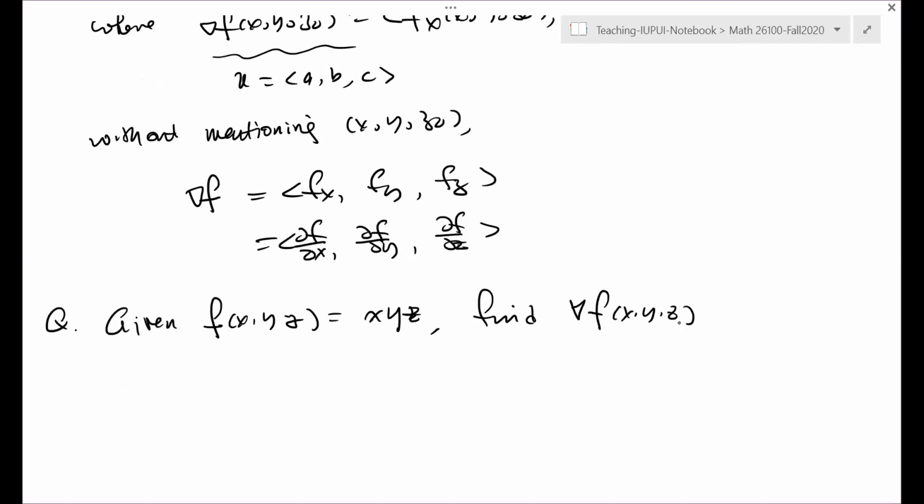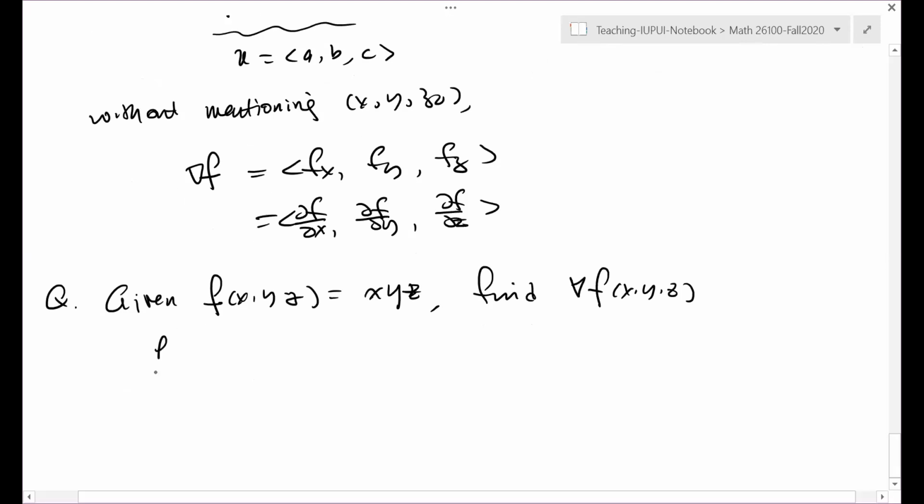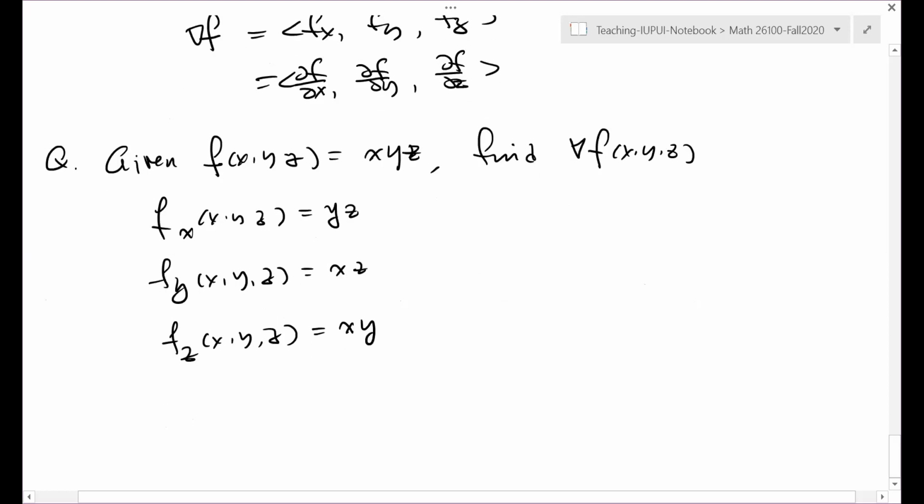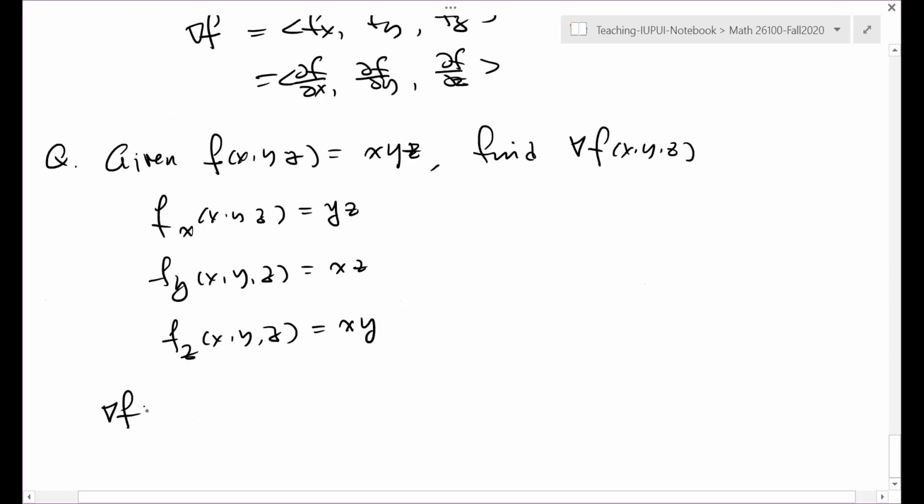All you have to do is find the partial derivatives. When you differentiate with respect to x, you get yz. With respect to y, you get xz. With respect to z, you get xy. So the gradient of this function is (yz, xz, xy).